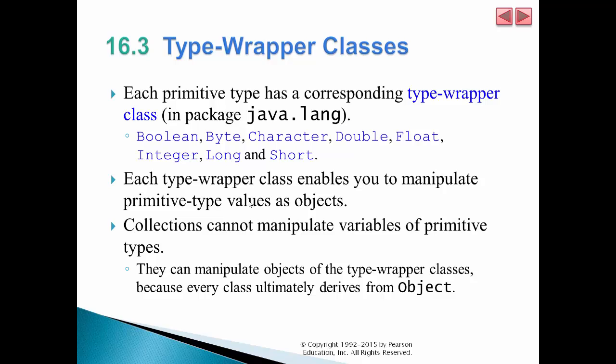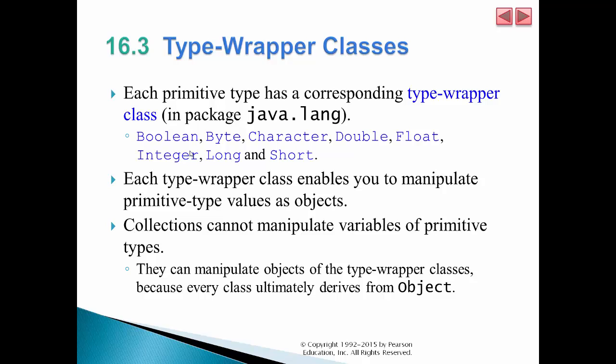So if you declare a Boolean with a capital B, or an Integer with a capital I, then you're representing those primitive data types as objects.